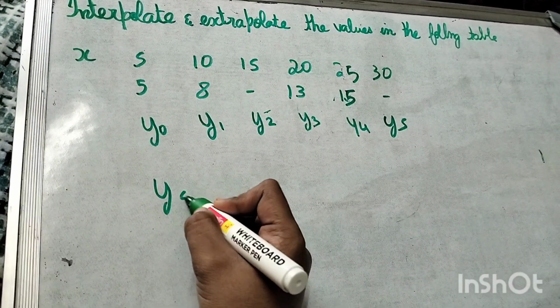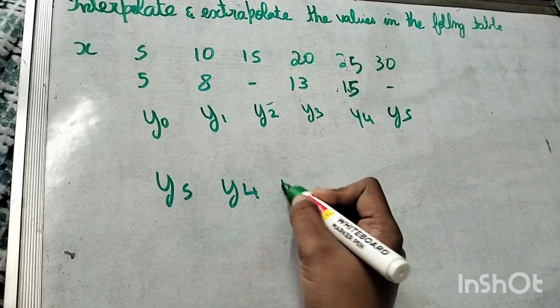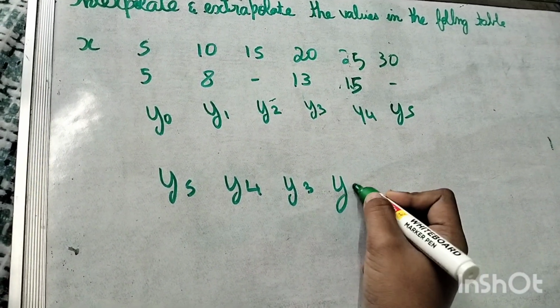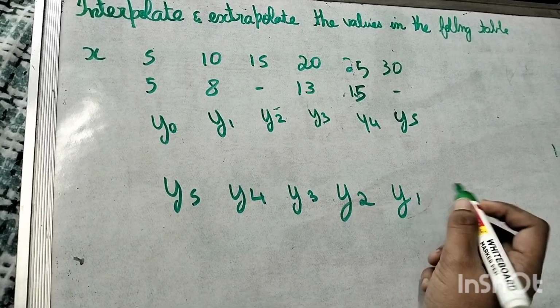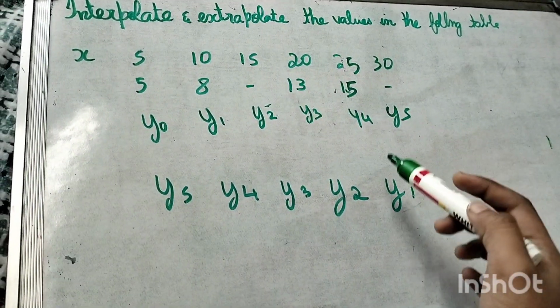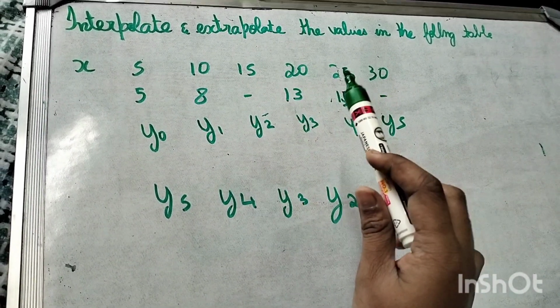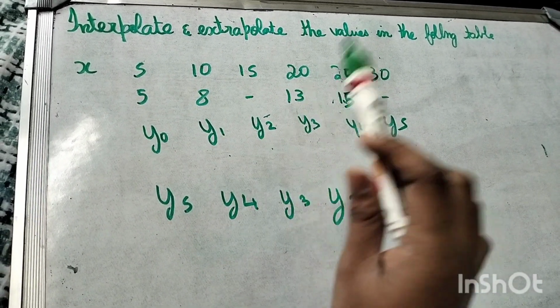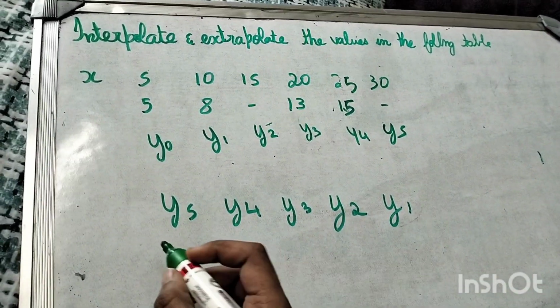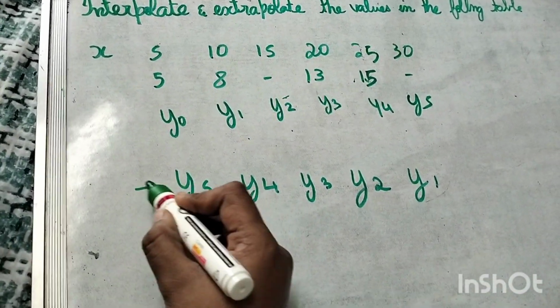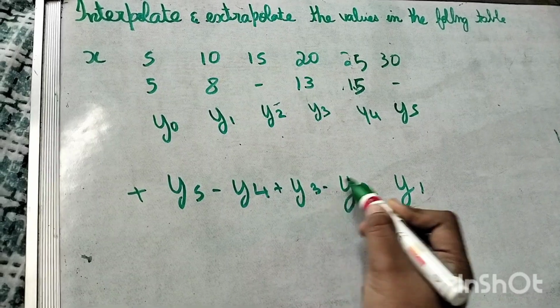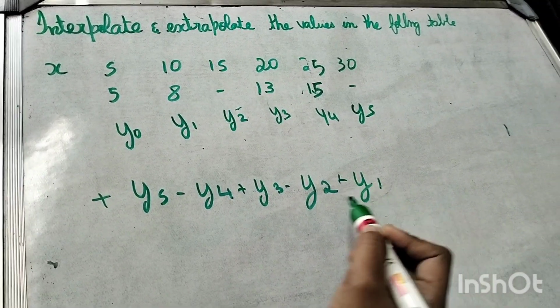So you write it again: y5, y4, y3, y2 and y1. You do not write y0 because we need to find it from y5 to y1. And we've already found out the y2 value. Next you alternate the signs: plus first, minus, plus, minus and plus.